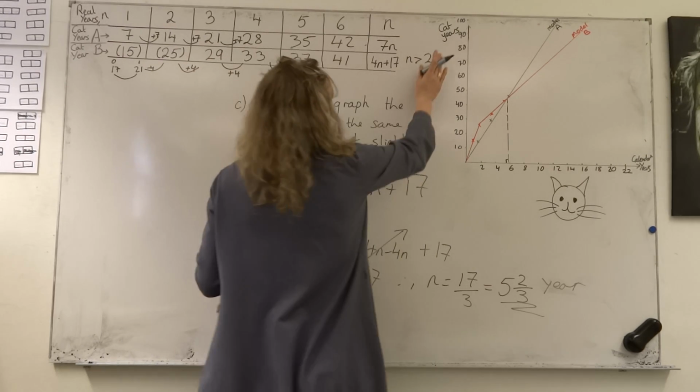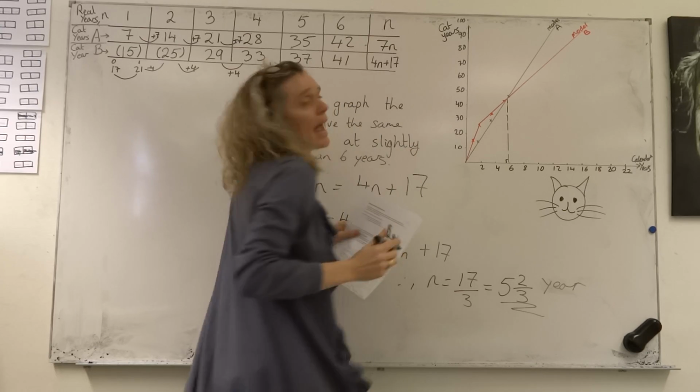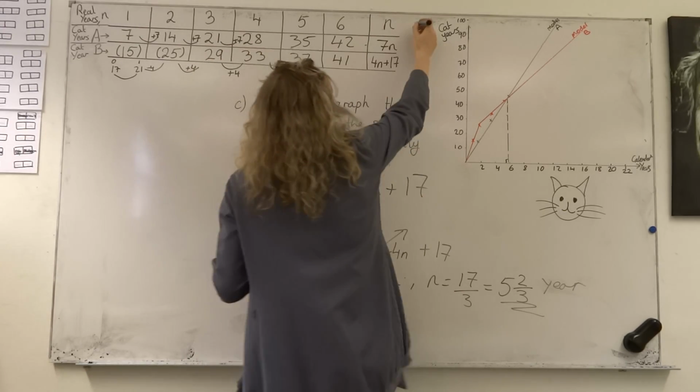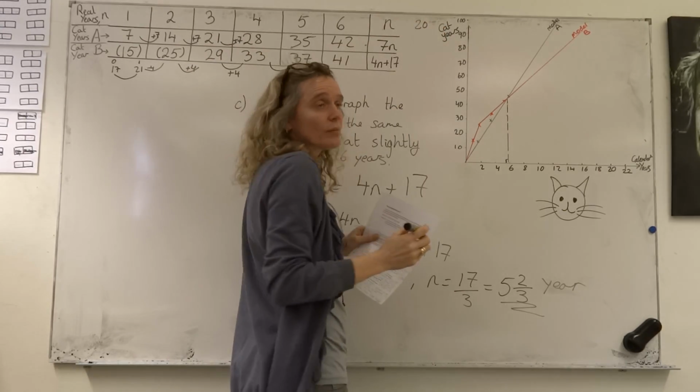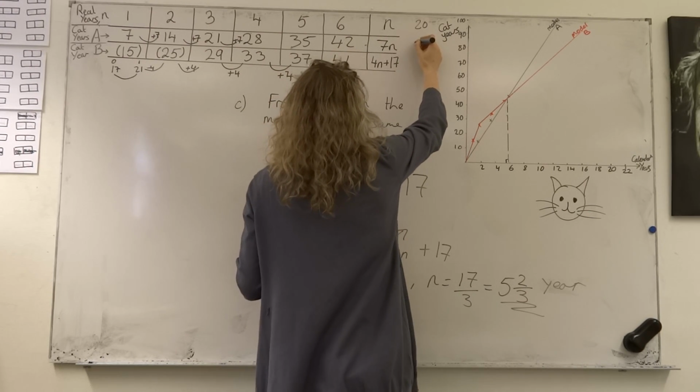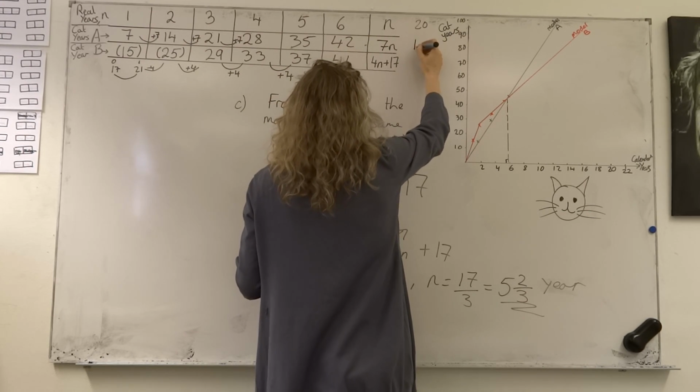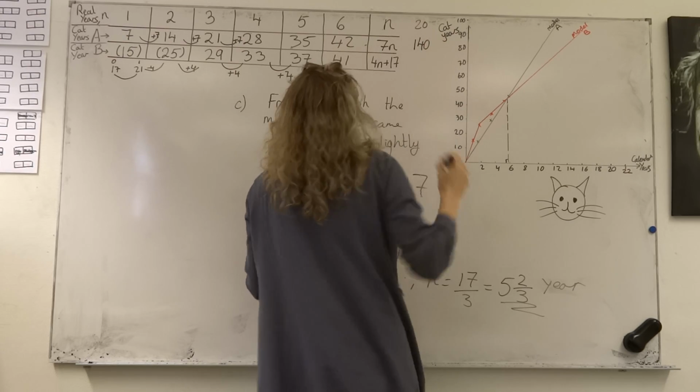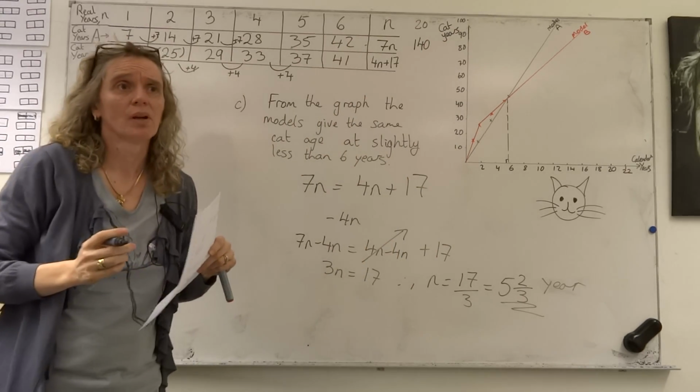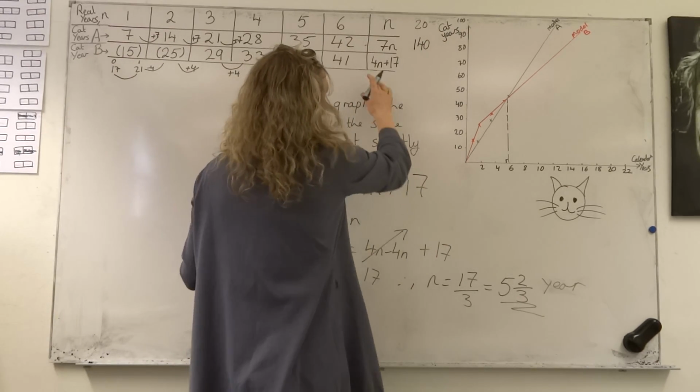Well, if we were to put n equals 20 here, we would see that for model A, 7 times 20, 140 years. What would we get here?